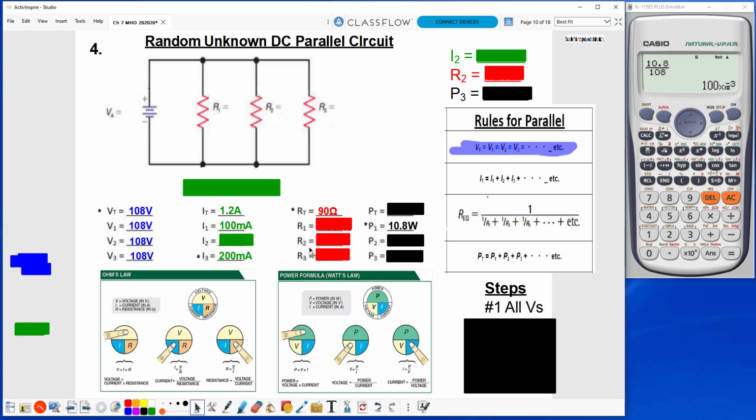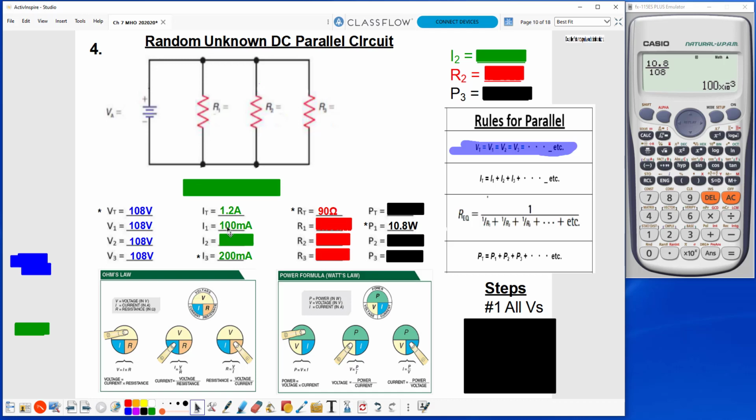I don't have resistance, I don't have power, so I can't use the Ohm's law or power formula. But what I can do is subtract I1 and I3 from IT, and it will give me I2.